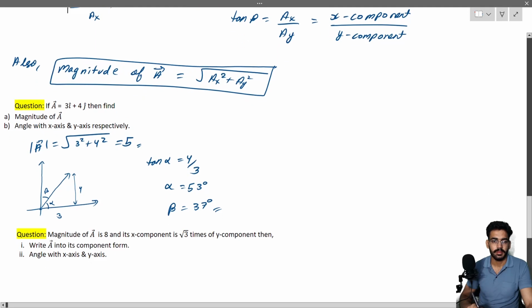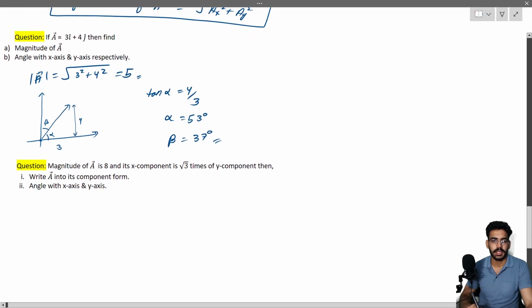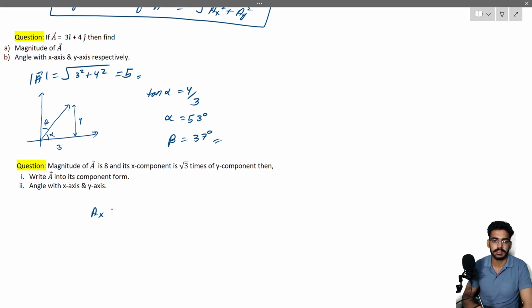Next question, the magnitude of A vector is 8 and its x component is root 3 times the y component, means the x component, that is ax, is root 3 times ay. That's how, okay. And so for the magnitude I can write A square equals, squaring both sides, A square equals ax square plus ay square, okay.